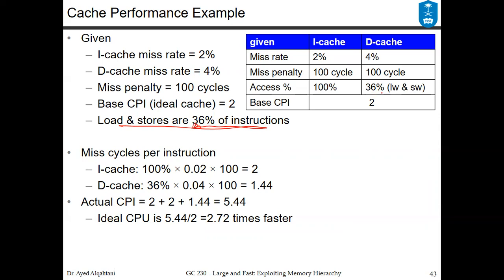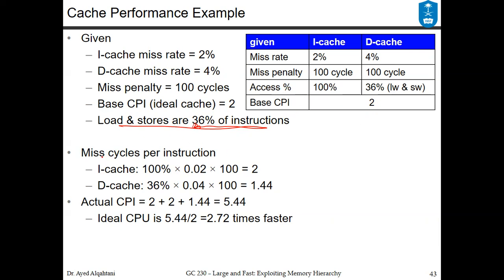And this is because you have loads and stores that contribute to about 36% of your code. Now, for the instruction cache, you always load from the cache instruction by instruction sequentially. And this is why the access percentage is 100% and the base CPI is 2.